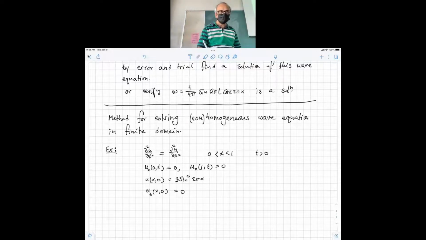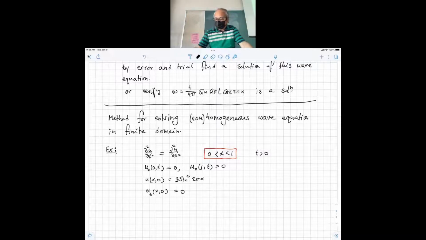And you can immediately notice that because of the domain, we can apply D'Alembert's method, but that might be too tedious because we have to extend the solution beyond 0 to 1 up to minus infinity and up to plus infinity, and that reflection method is possible but could be complicated.